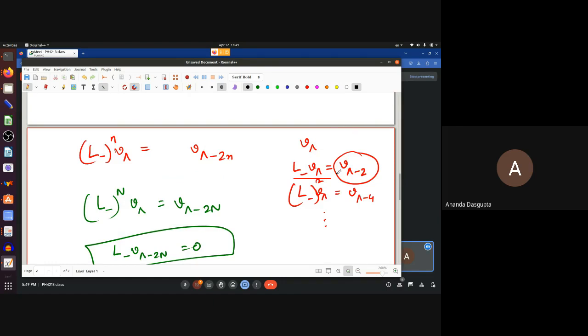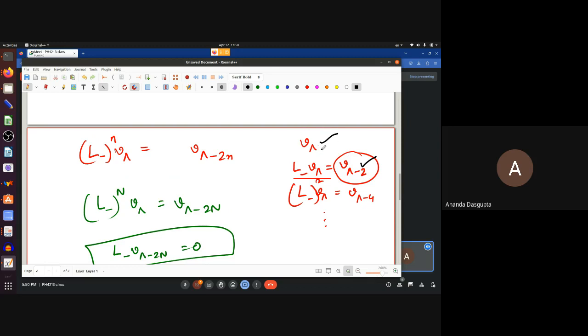at this stage, when I defined V lambda minus 2, my choice of V lambda minus 2 was open. I had a choice of what constant to put in front. I chose to put 1. But when I have done that already, I no longer have a free choice left. I started with some V lambda, applied L minus on that, and now I defined that to be V lambda minus 2. Now when I apply L plus on this, I will definitely get a state with eigenvalue lambda.